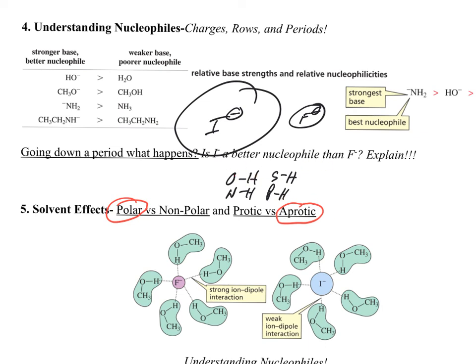We want aprotic. So something like diethyl ether has polar bonds, but doesn't have any OHs, NHs, SHs, or PHs. So it can't hydrogen bond. Protic solvents can do hydrogen bonding with themselves. We don't want those because we don't want the nucleophile interacting or reacting with the solvent. Polar, aprotic for SN2.